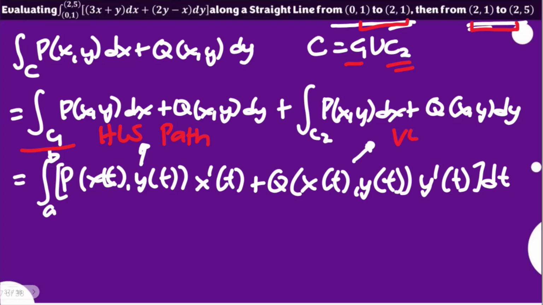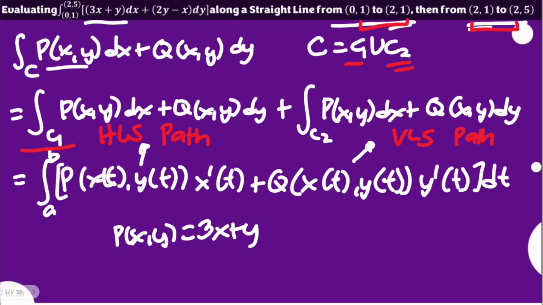Obviously, this is a vertical line segment path, and we're going to use the specific parameterization for that situation. Now, let's look at the process intended for this. Of course, we know that our p of xy is 3x plus y, and then our q of xy is this function 2y minus x.